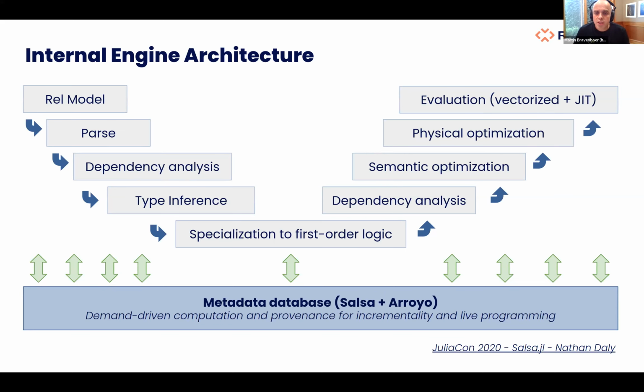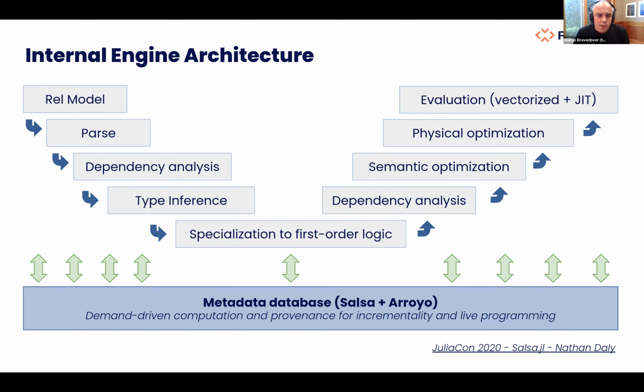Now, one thing that is interesting is that I drew it like a pipeline. This curve is just because otherwise it wouldn't fit. But it's actually not an actual pipeline because the entire system is demand driven. So you ask for the result and then everything happens that is needed for that result. So let's say, for example, you could ask for a view and then everything that's needed for that view will be done.